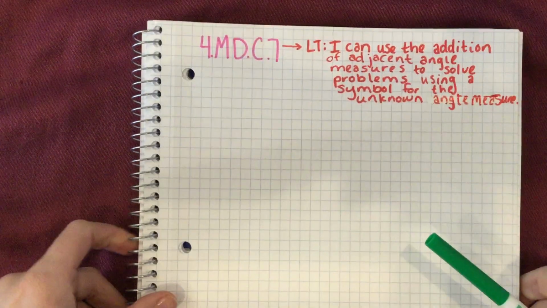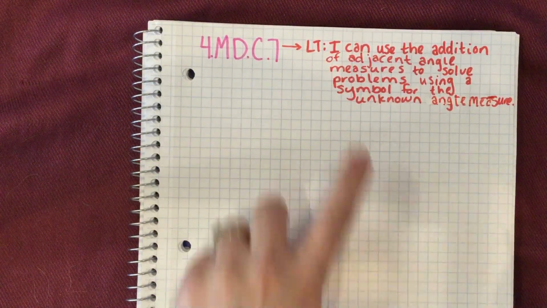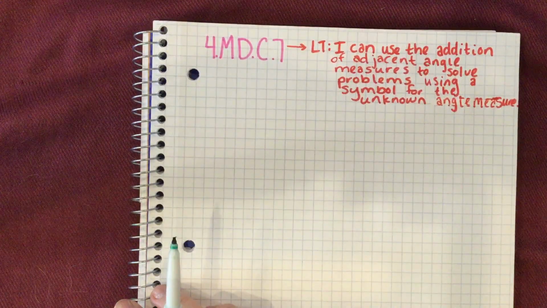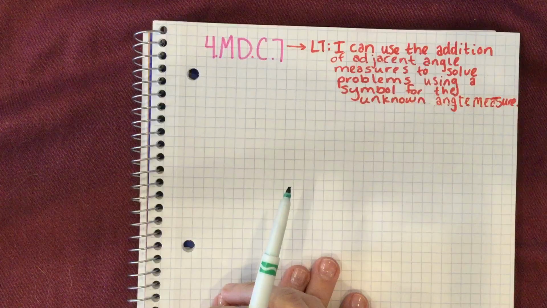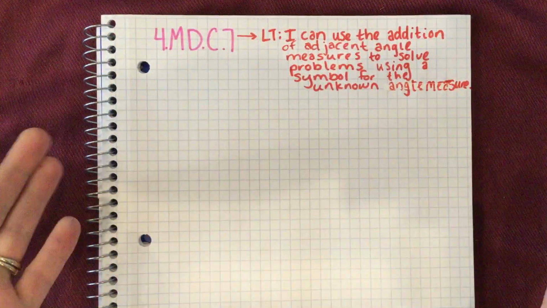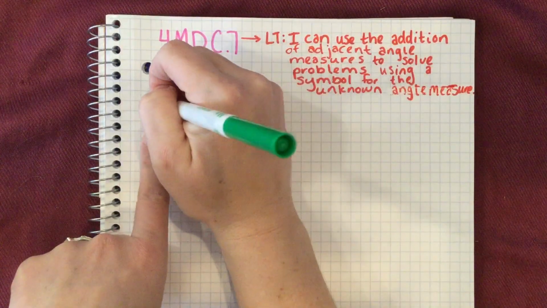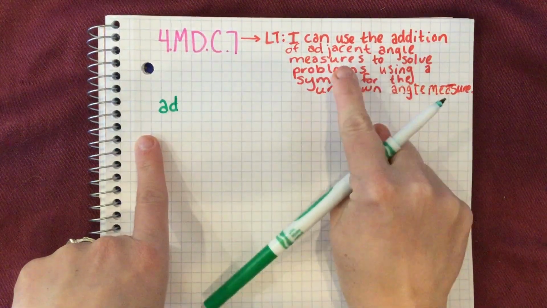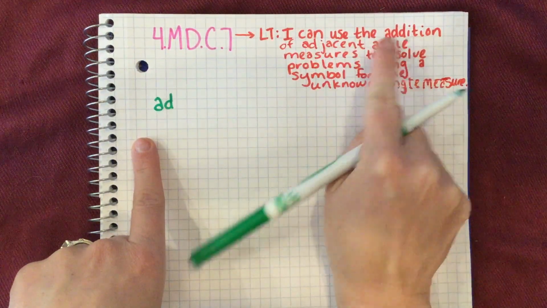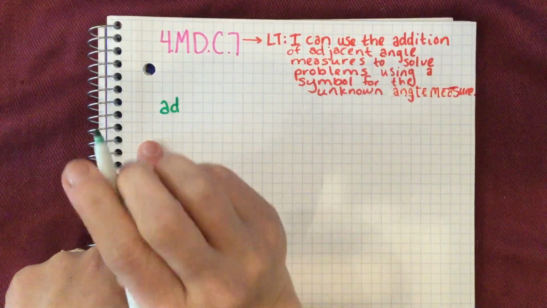So that was kind of a mouthful. So what we're going to do is break down some of the confusing vocabulary in here, and that might help us better understand what this target is really talking about. So the first thing we're going to do is define the word adjacent. So I can use the addition of adjacent angle measures.